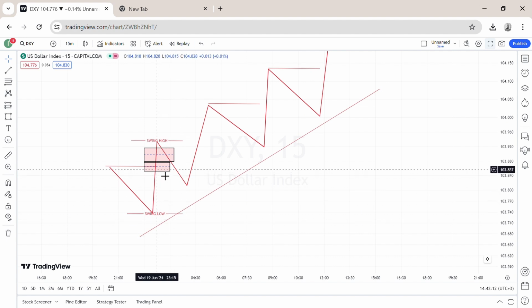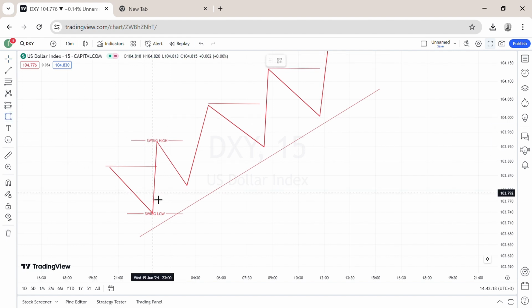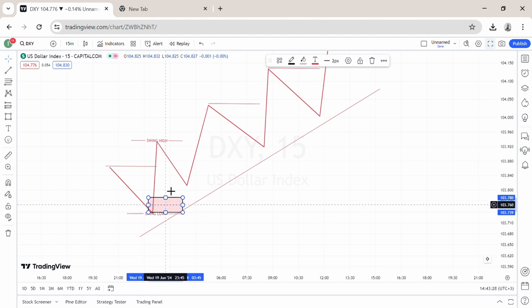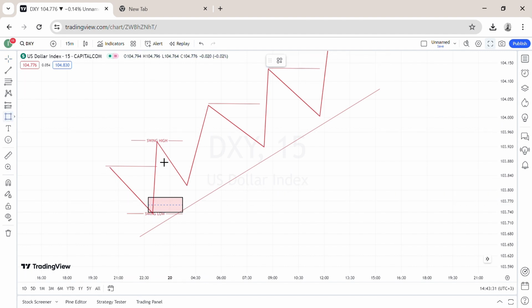Now, so having that in mind, I would look at the PD arrays at the discount. For example, those are the order blocks at the swing low. Order blocks at the swing lows.